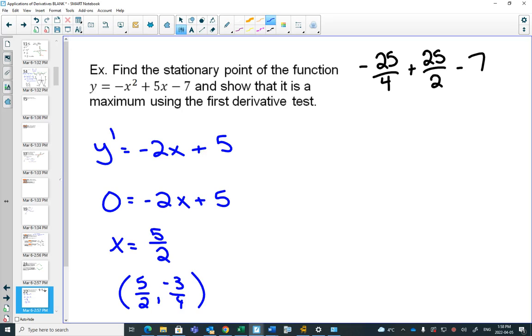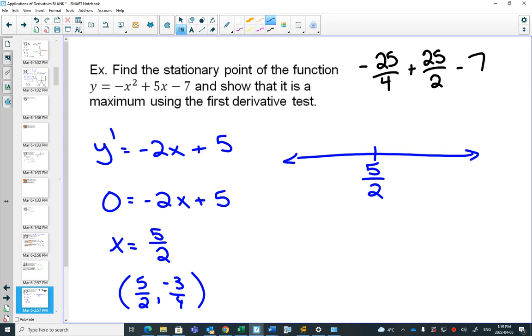So at this point, at 5 over 2, because that's where we had our derivative equal to 0, to show that it's a maximum, we need to show that the derivative changes from positive to negative. So we choose a point prior to 5 over 2, for example, 0.